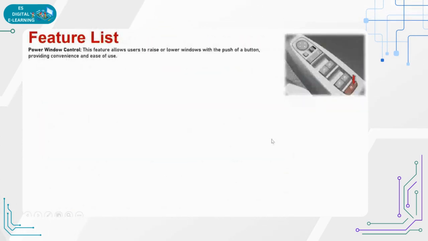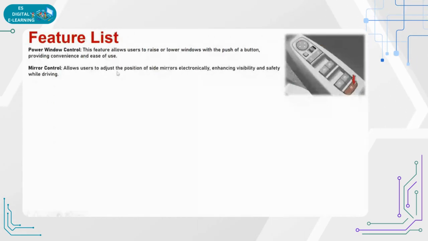And next is the power control feature list. In parallel we have the mirror controller also, which adjusts the position of the mirror electrically. Usually the driver has the switch, so from the driver's side he is able to control the power windows, and moreover adjust the mirror.